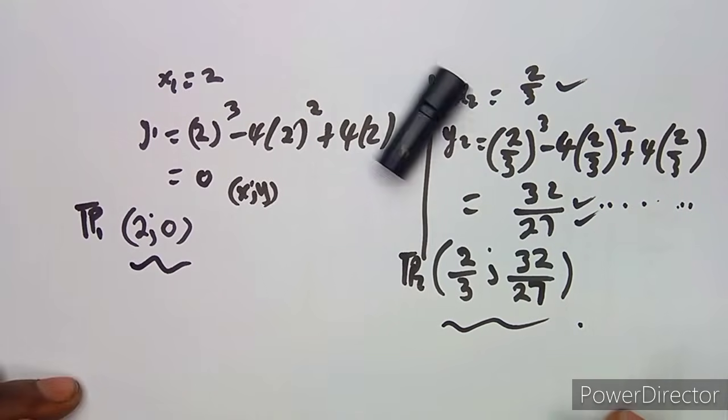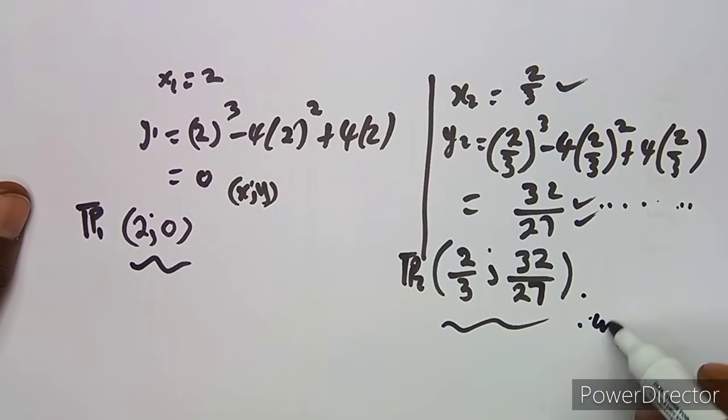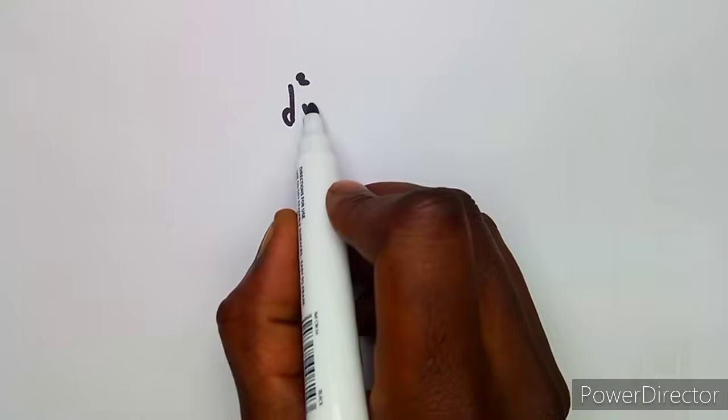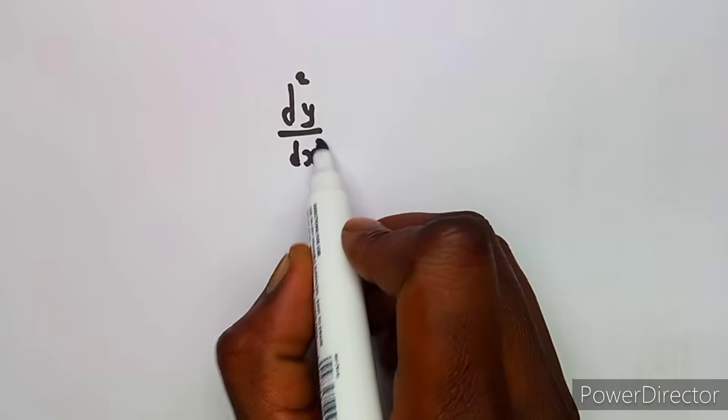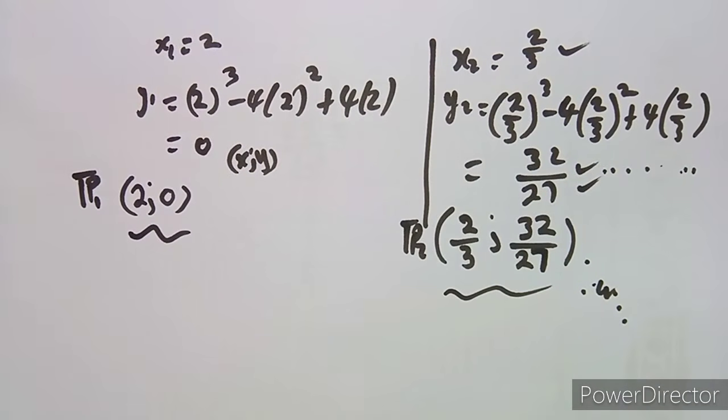How am I going to distinguish them? From the concept that we know from the second derivative, because we are going to apply the second derivative here, the condition to obtain the nature of a turning point is going to be according to the value that we obtain from the second derivative.